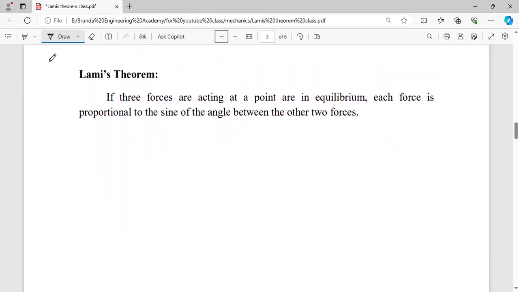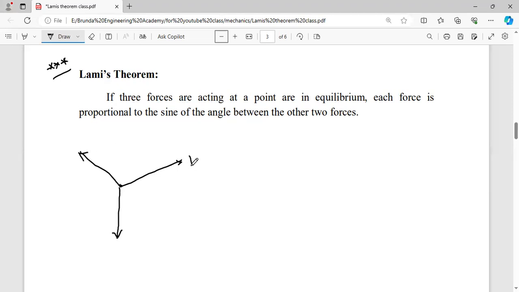It is a very important concept from the ECET and GATE point of view. If three forces are acting at a point and are in equilibrium, the concept is simply, I am considering three forces acting at a point in equilibrium: one force, another force, and here another force.